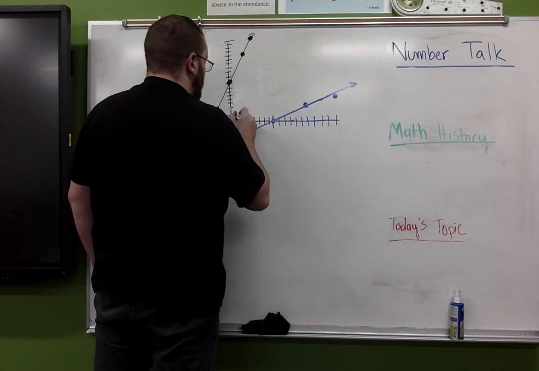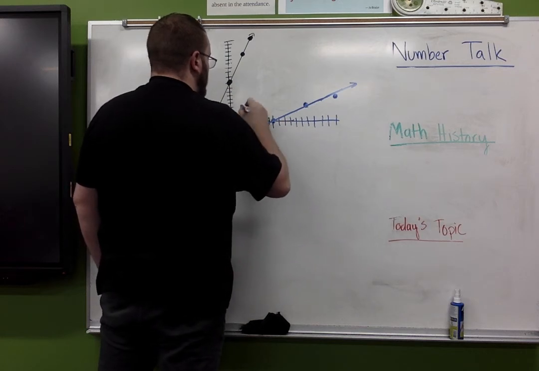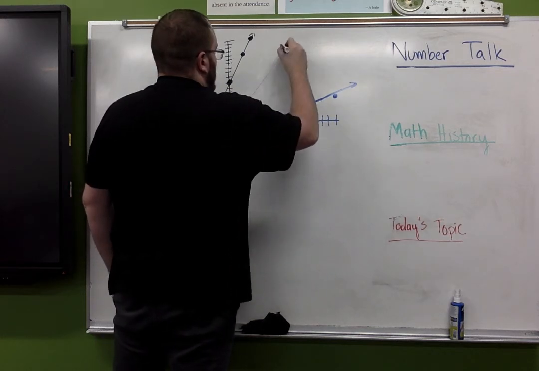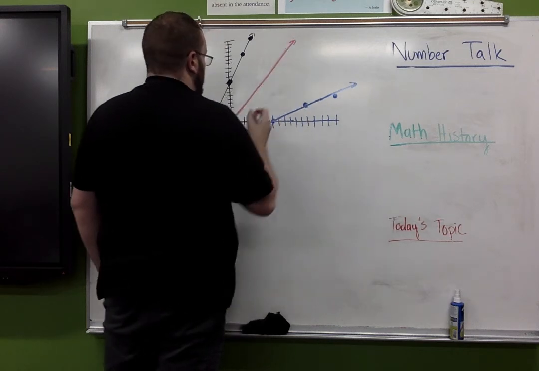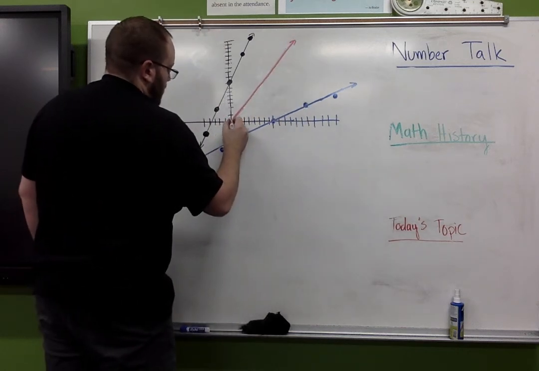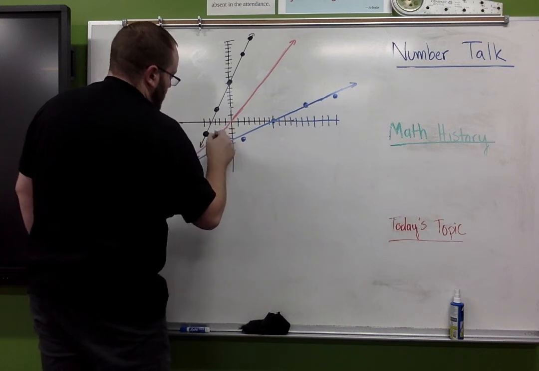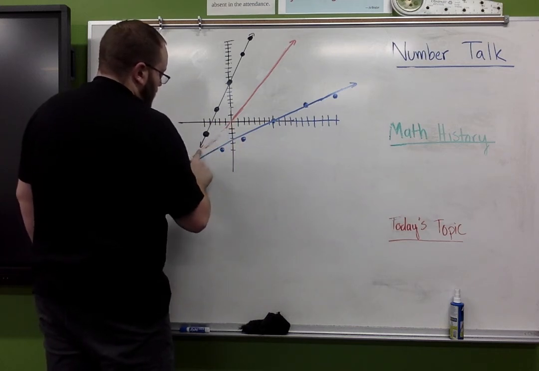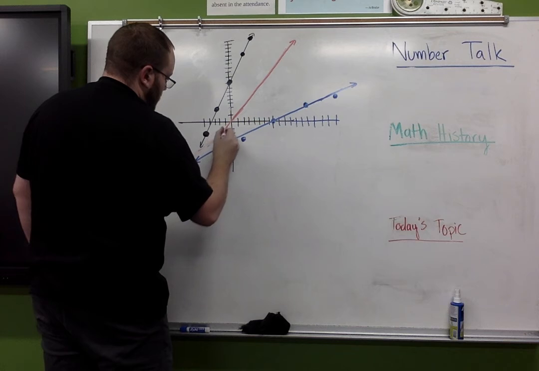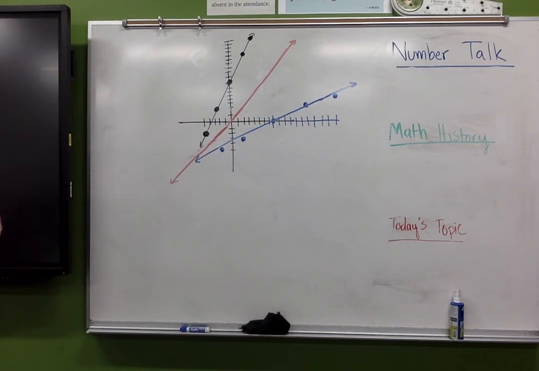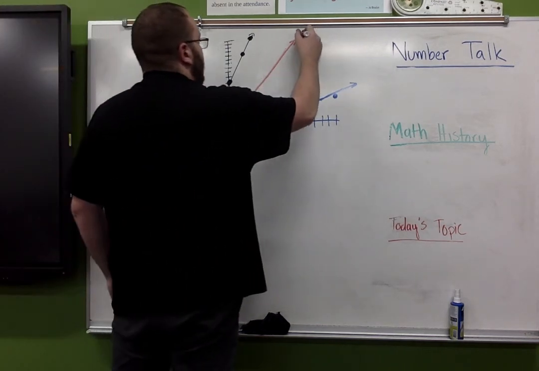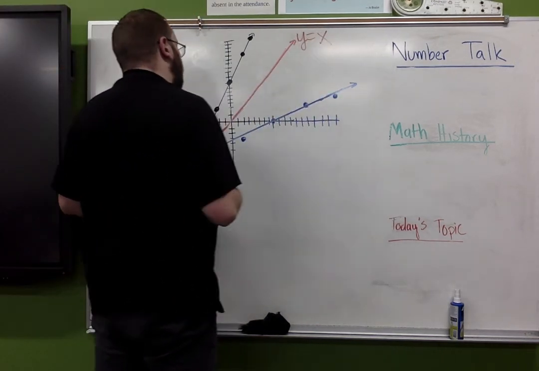Actually, here, I'll do right there, right there. Okay, not perfect, but close enough. The red is my line, y equals x.